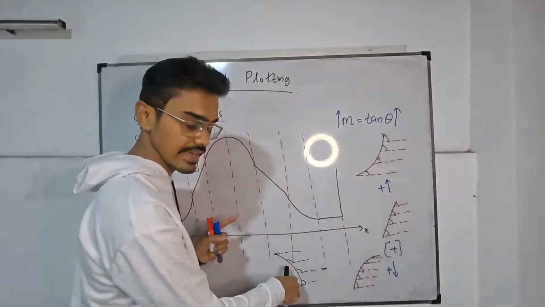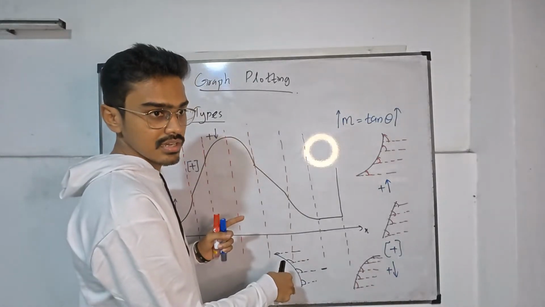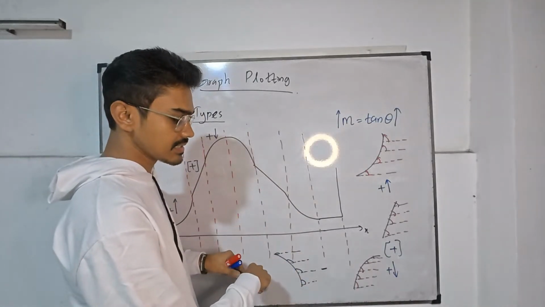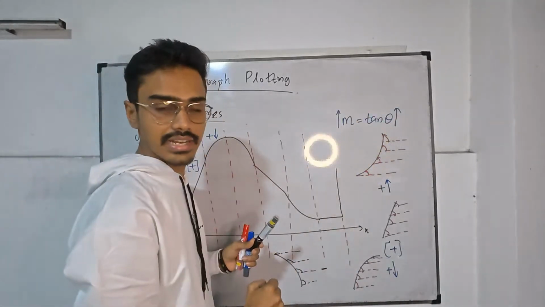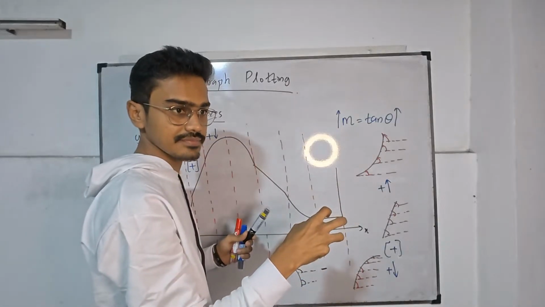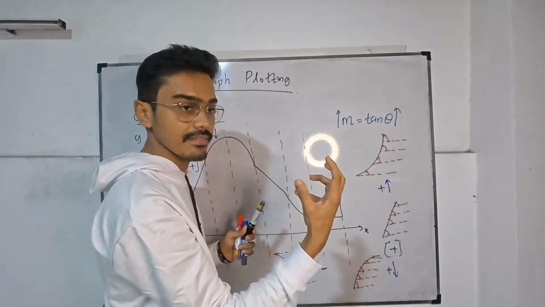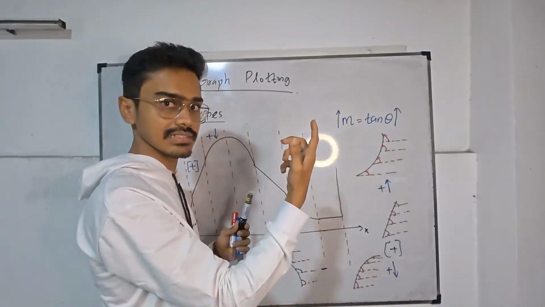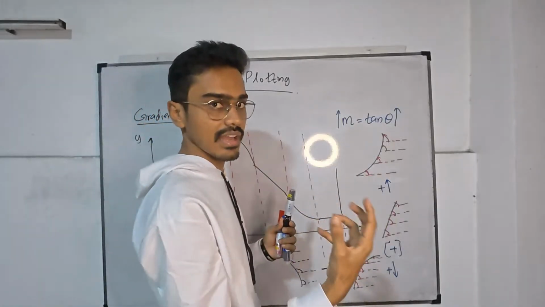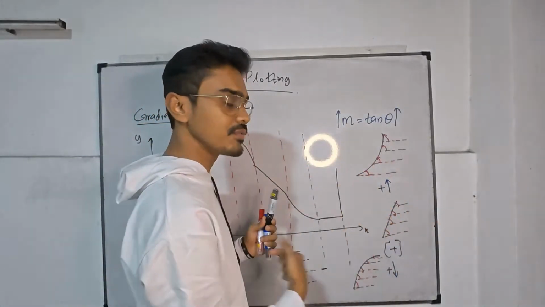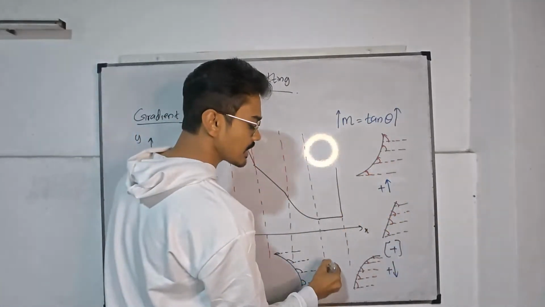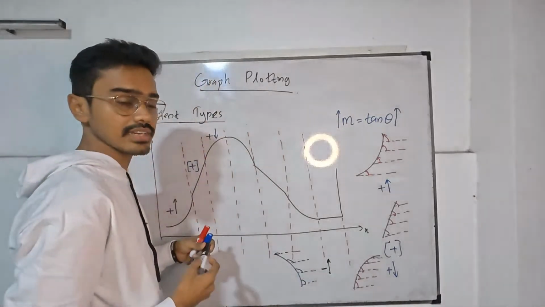Along the line, the angle decreases. But when the angle decreases, the magnitude of tan theta decreases. When that decreases, the value of the negative value increases. So it is called a negatively increasing gradient.